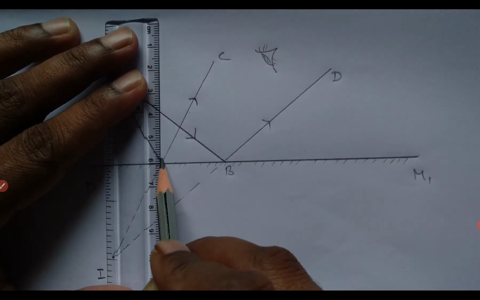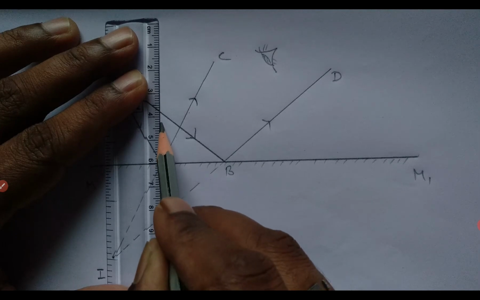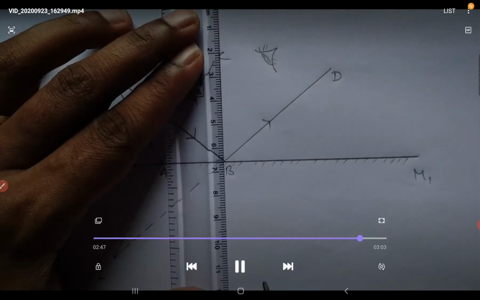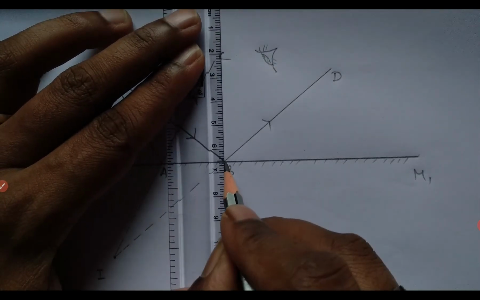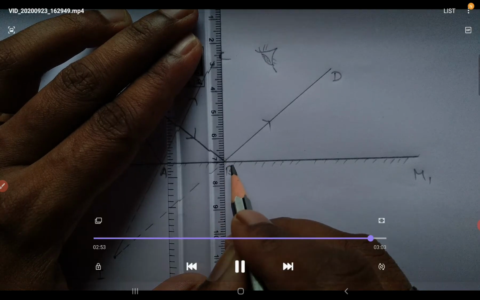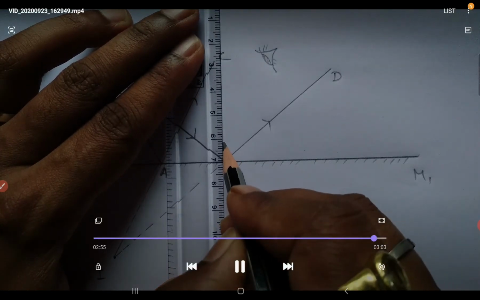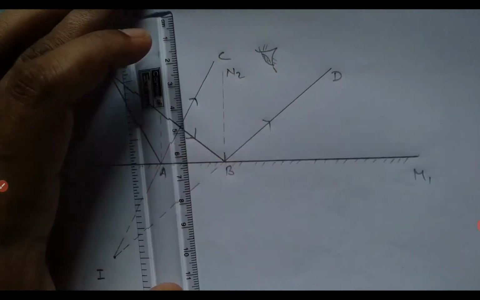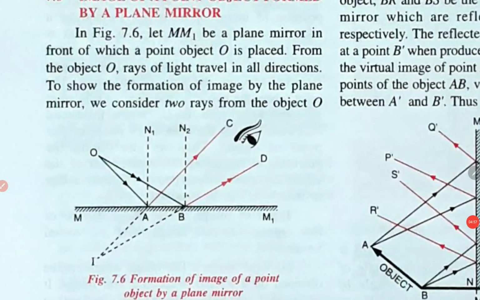Here I am drawing the normals. The main thing is the first step where you mark the points of the object and the image. That was my first normal, and I am drawing the second normal as well. I hope you have understood.